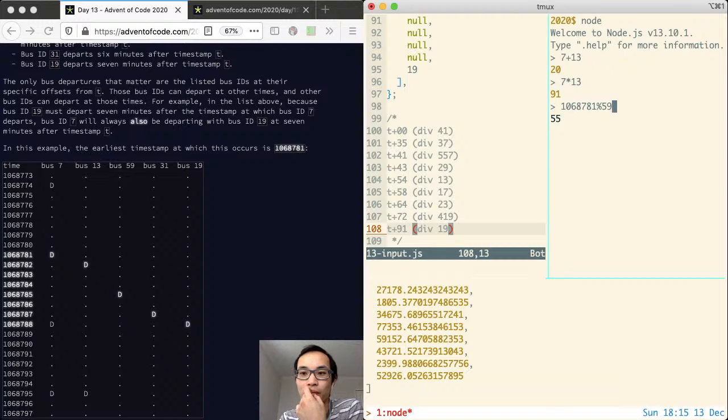Mod the bus ID would have to be the number minus that many time steps. That's 6 time steps, and then this would be 12, right? Yeah.